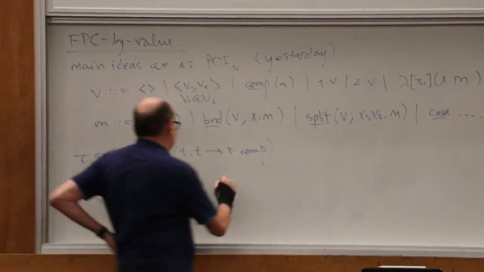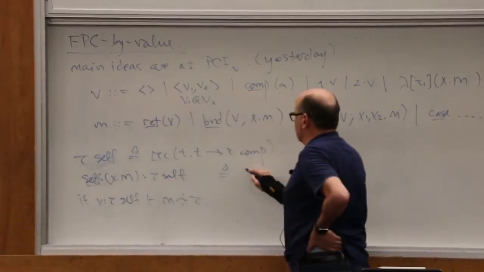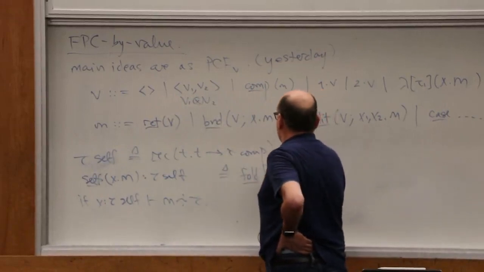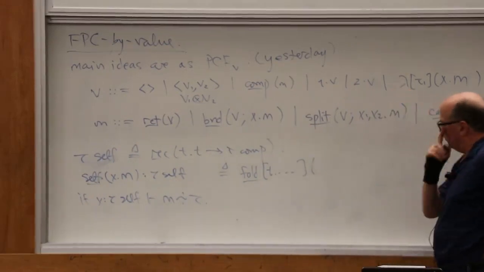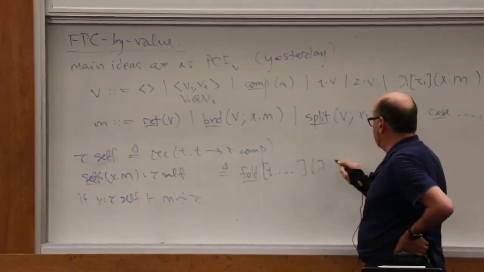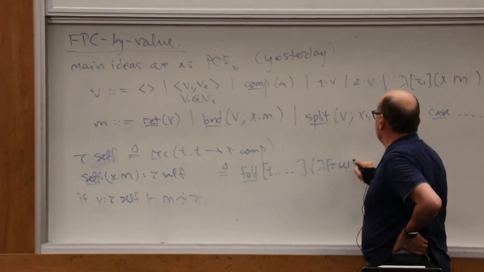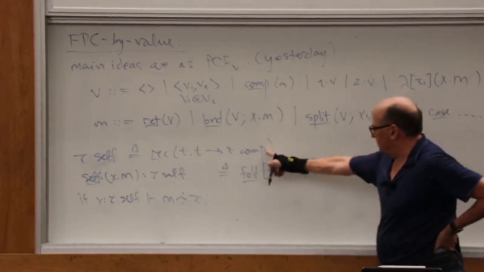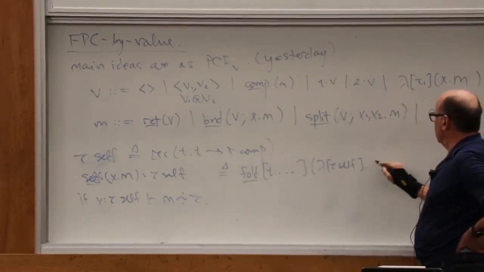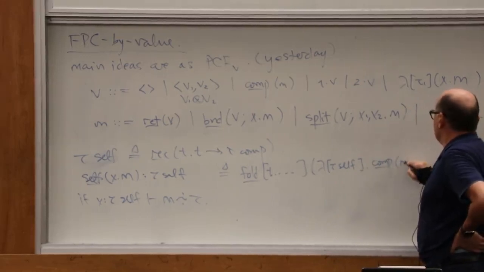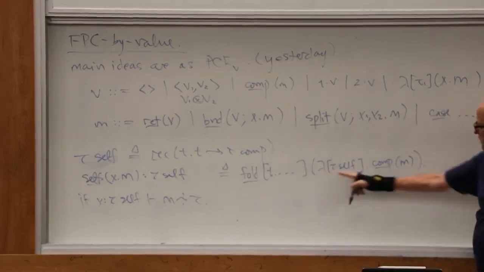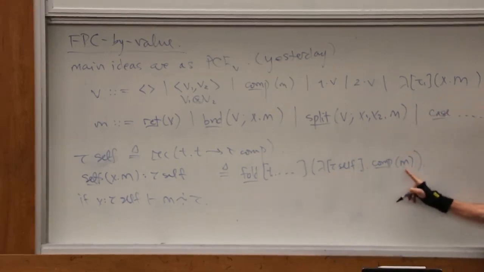So the question is now, how do we define that thing? Well, that part looks exactly the same, and I will write that out here. And then I'm going to do really the exact same thing. It doesn't look different at the moment, except for one thing: since I'm insisting on this idea, I put here comp of m, because I'm having a function that goes from tau self to tau comp, and that's weakly of type tau, so comp m is strongly of type tau comp.